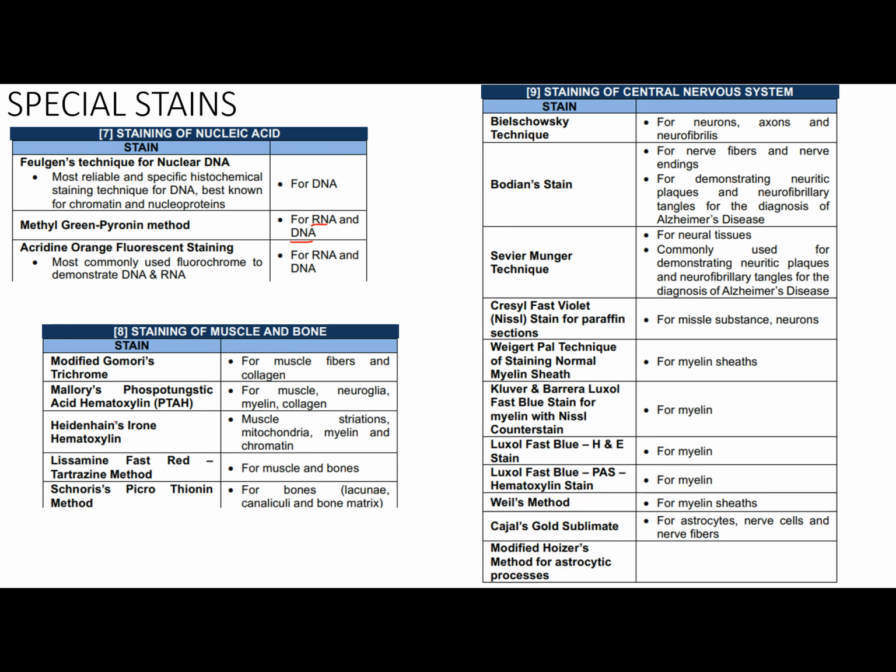For muscle and bone, we have Heidenhain's iron hematoxylin used for muscle striations, mitochondria, myelin, and chromatin. Then for the CNS, we have Bodian stain for nerve fibers, nerve endings, neuritic plaques, and so on. Also, another example here is Weil's method for the CNS, a stain used for myelin sheaths.